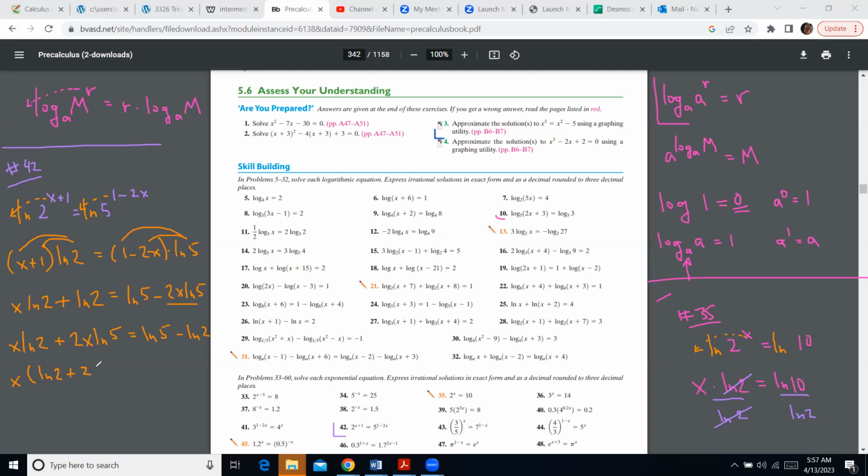So I change signs when I bring terms from one side to the other side of the equation. Then what we usually do is we factor out x because we need only one term with x, right? And then we're finally going to divide both sides of this equation by the parentheses ln 2 plus 2 ln 5, right?